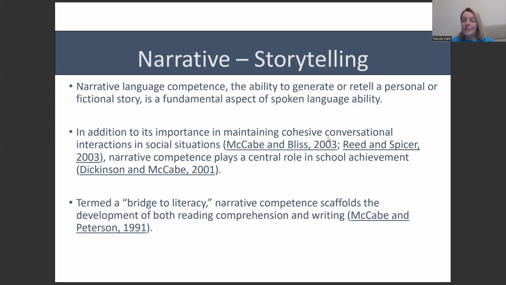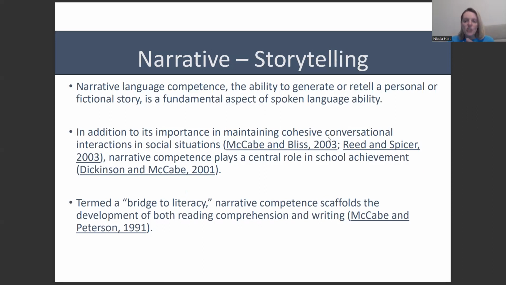So, in terms of narrative, this is one of my favorite things to do, and I love doing it with my little groups that I have currently. And narrative not only helps to build language competence and generate the ability to tell a story or retell a story, but it also really supports conversational speech.